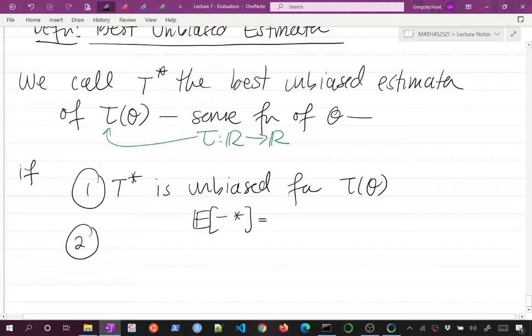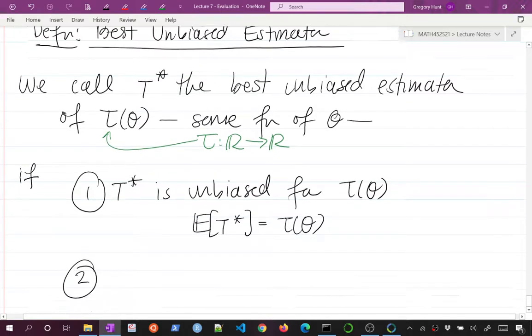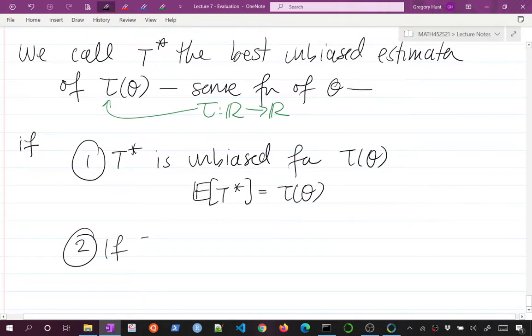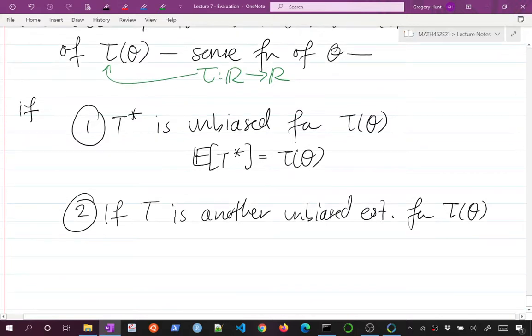If it's unbiased, so in expectation, T star is tau of theta, it's the thing we want to estimate. So good, it's unbiased. The other adjective is best. If T is another unbiased estimator for whatever quantity, tau of theta, we want to estimate, then T star is better.